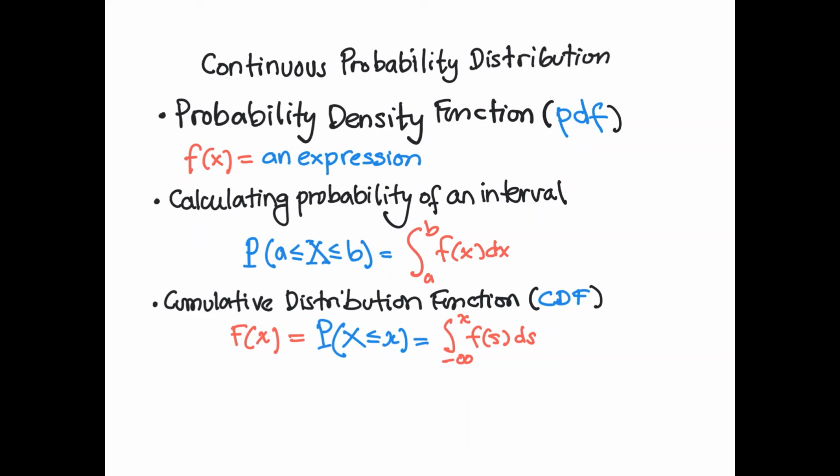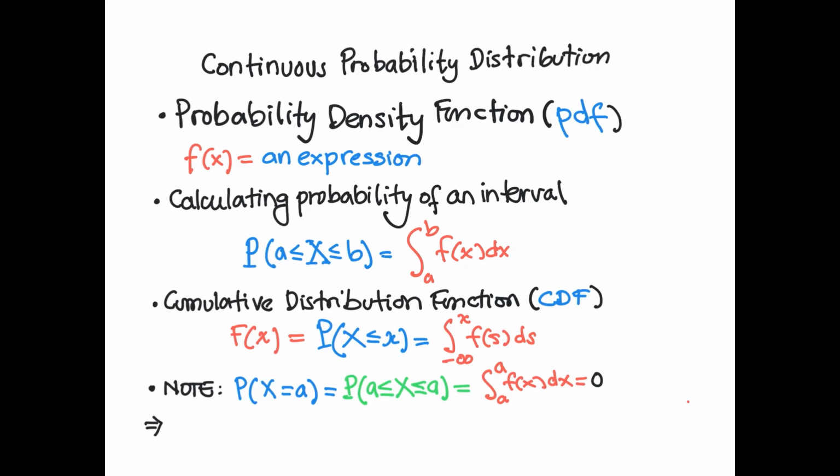There is also a cumulative distribution function, which, as defined in the case of the discrete, also represents the probability that the random variable X is less than or equal to x. In this case, however, it is calculated as an integral going from the smallest possible value, which in most cases is minus infinity, or in some cases we start with 0, up to the value of x of interest.